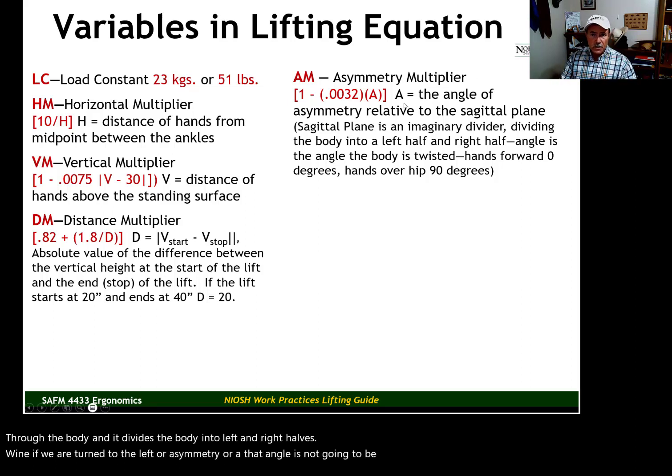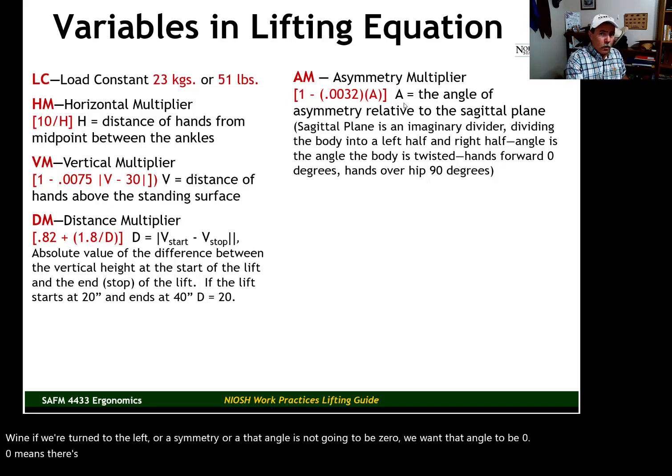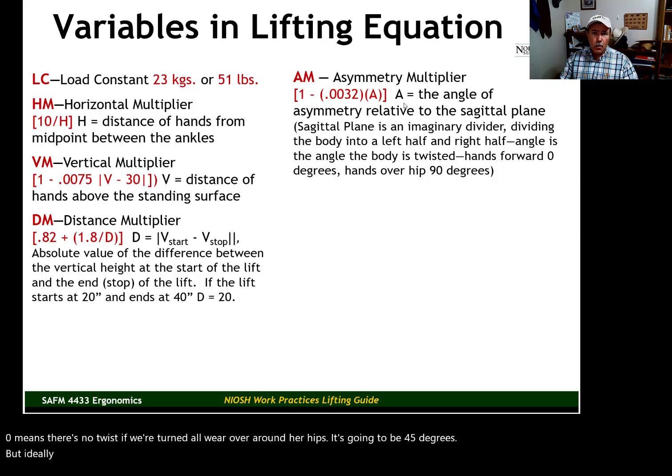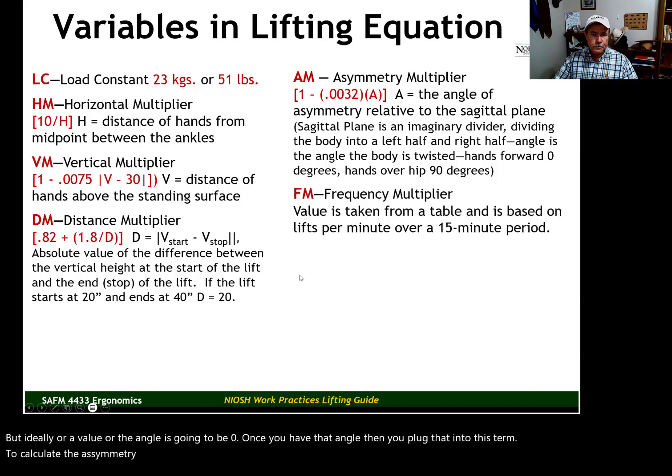We want that angle to be 0. 0 means there's no twist. If we're turned all the way over around our hips, it's going to be 45 degrees. But ideally, our A value is going to be 0. Once you have that angle, you plug that into this term to calculate the asymmetry multiplier.